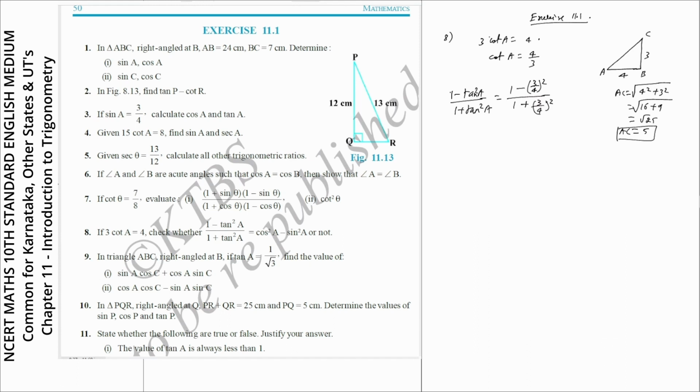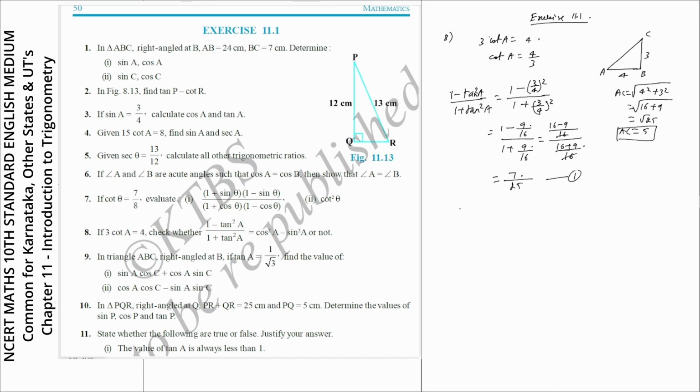So this is 1 minus 9 by 16 divided by 1 plus 9 by 16. 16 is the LCM. So 16 minus 9 here, and 16 plus 9 by 16 here. So 16 will get cancelled. 16 minus 9 is 7, and 16 plus 9 is 25. So I'll mark this as 1.